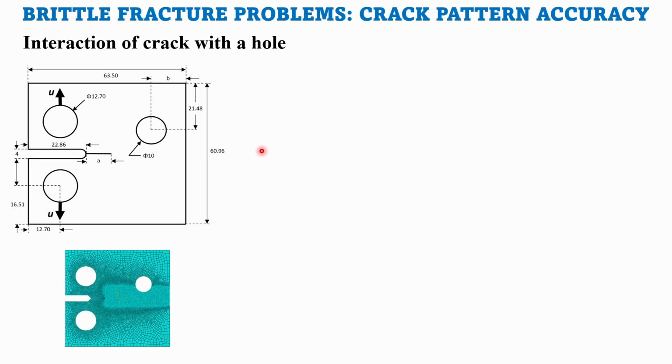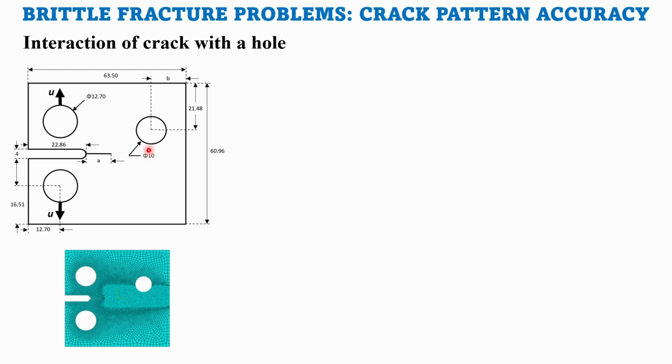Next, we have an interaction of crack with hole. Essentially, you have a compact tension specimen with an initial notch and you have a hole offset from the center line. So what do you expect? You expect the crack to originate from this notch and be attracted to this hole, correct? If the hole is at a much greater offset, then it will not be attracted. But if it is near to the crack, it will of course be attracted.